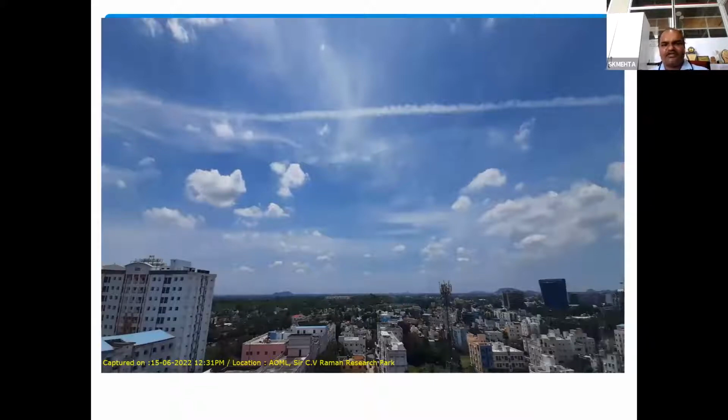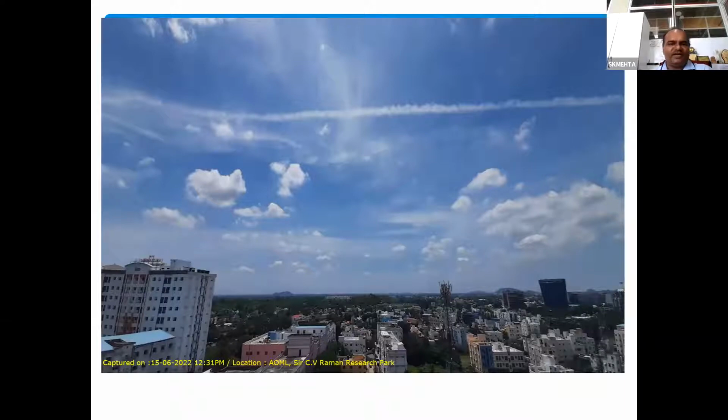And the cloud we see. But how to measure it? Lidar sends a laser into the atmosphere and gives the backscatter coefficient, which gives information about these parameters.